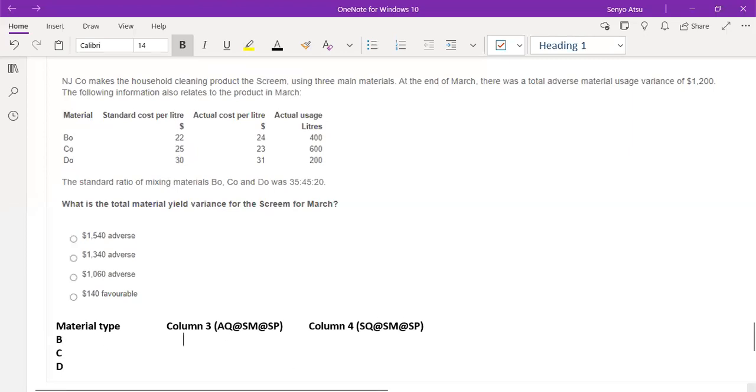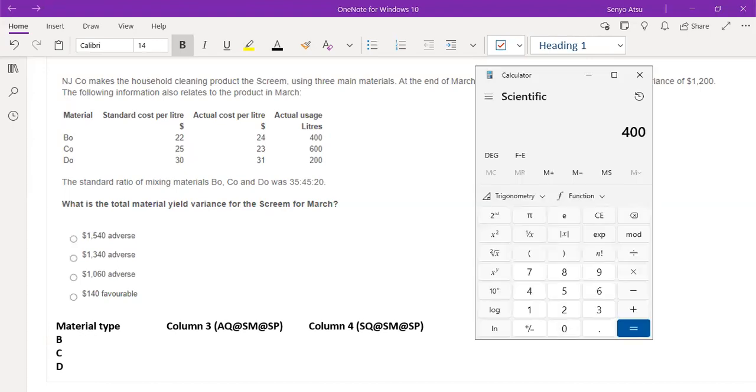So the actual usage, 400 plus 600 plus 200, 1,002. The B should take 35 over 100 of the 1,002.